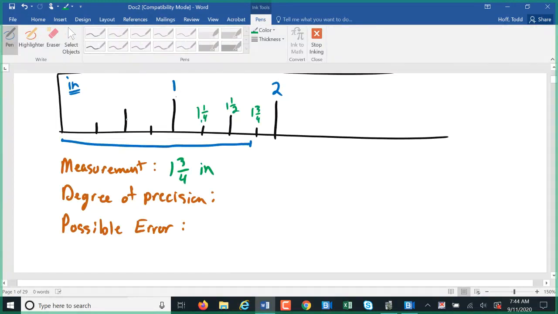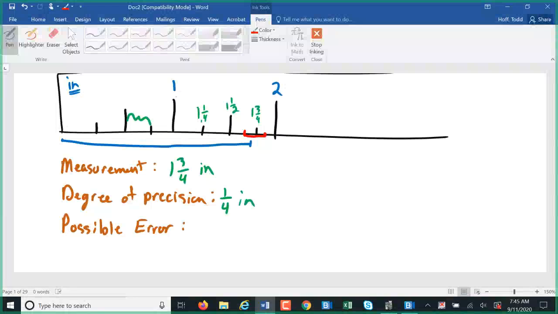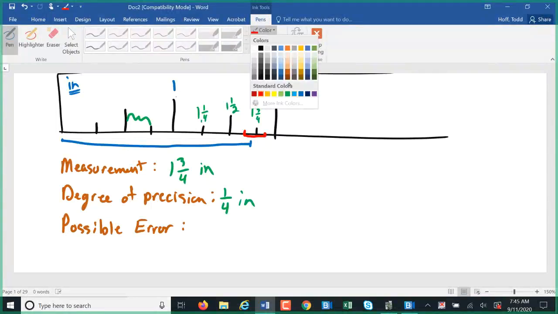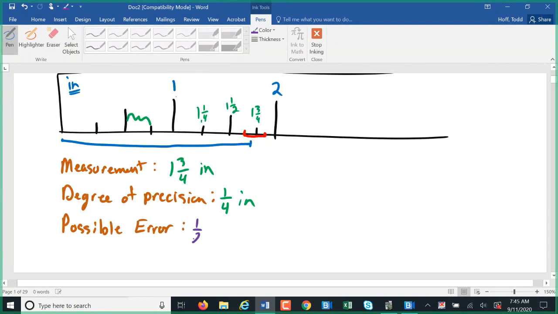Well, the smallest division here is 1/4 of an inch. The possible error, well, anything from here to here will be counted as 1 3/4. So halfway to the next division, the possible error is always 1/2 of the degree of precision. So 1/2 times 1/4 gives us a possible error of 1/8 of an inch.